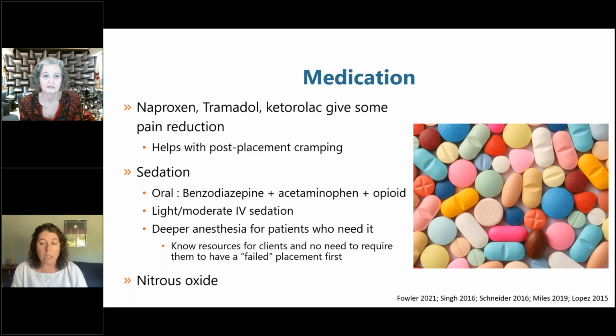So certainly, if you have access to naproxen sodium, using that for pre-procedure medication, either before the client comes in or giving it to clients in clinic before the procedure, is certainly a helpful thing, but it has not been shown to help significantly with the actual pain of the placement itself.